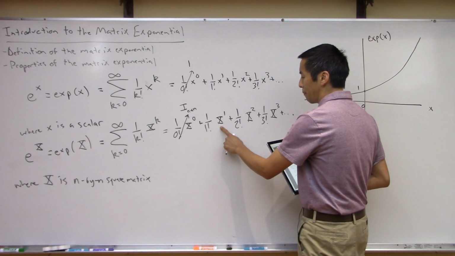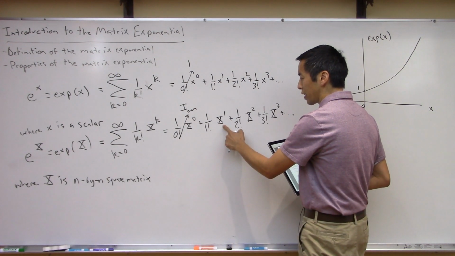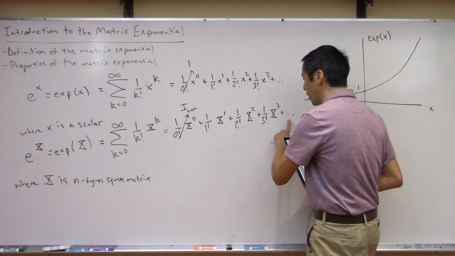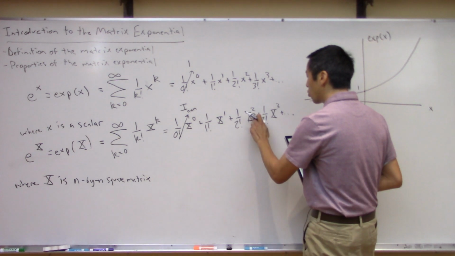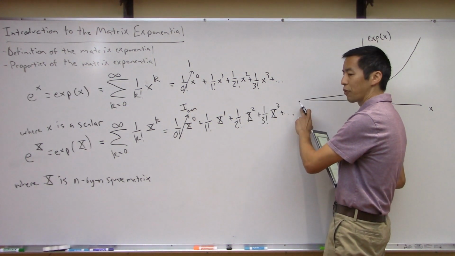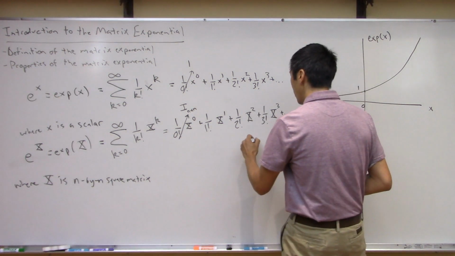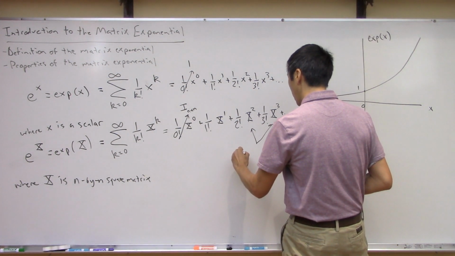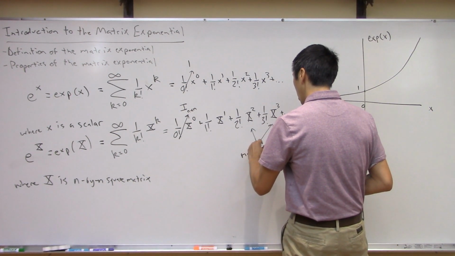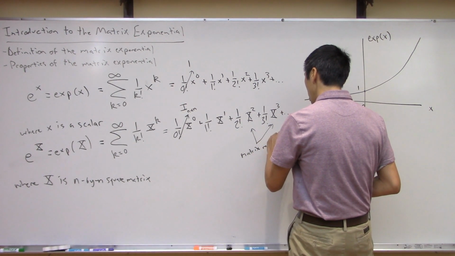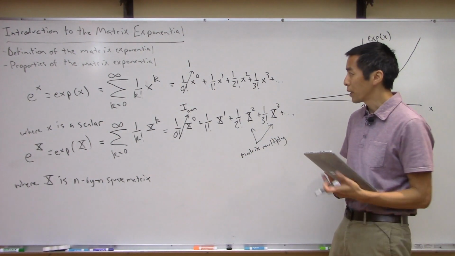And now the only thing to maybe think about, this is pretty simple. X to the 1 is just the matrix X. But now this term and any of these other higher terms, all of these squares, cubes, to the 4th, to the 5th, are matrix multiplies, right? These are not element-wise multiplication.